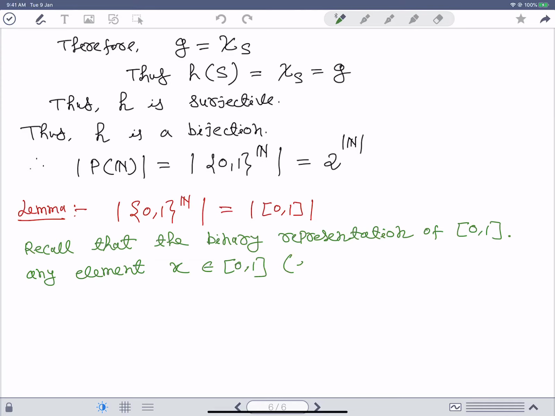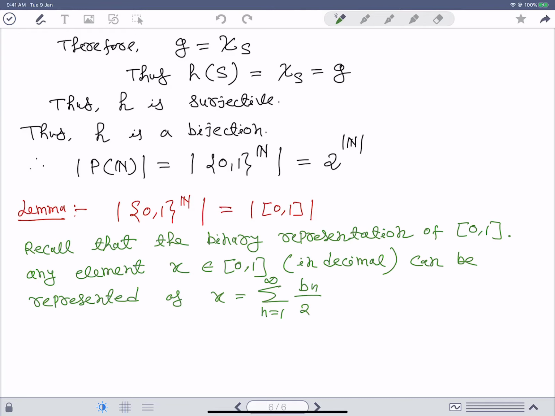We will say that in decimal it can be represented as x equal to the summation n equal to 1 to infinity of b_n by 2 to the power n, where b_n belongs to either 0 or 1 for all n.